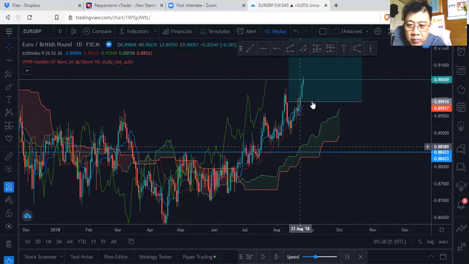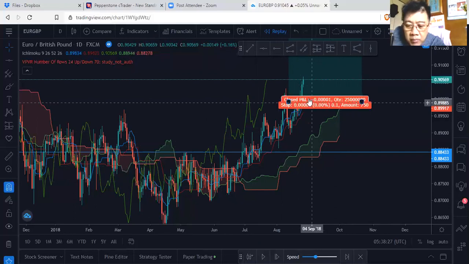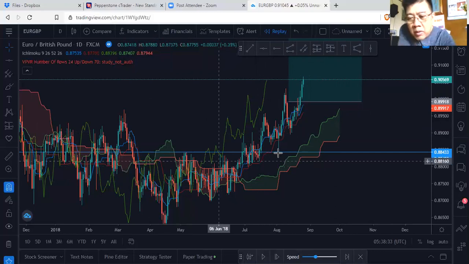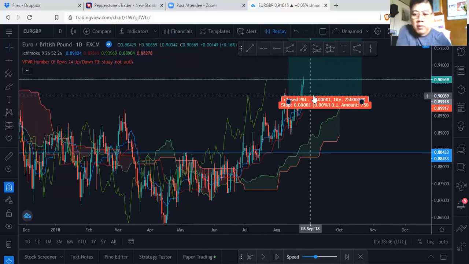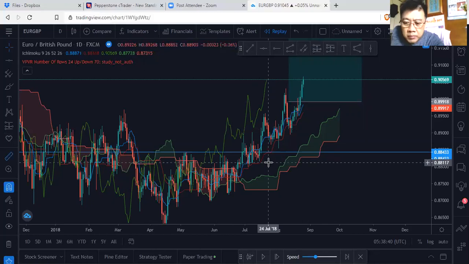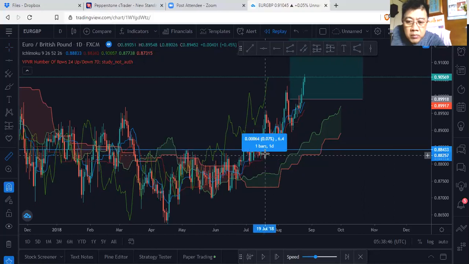Let me bring my trailing stop here. Then our measurement, how many... It has no measurement. I know there is a measurement from here. What are our winners? I enter here, right?